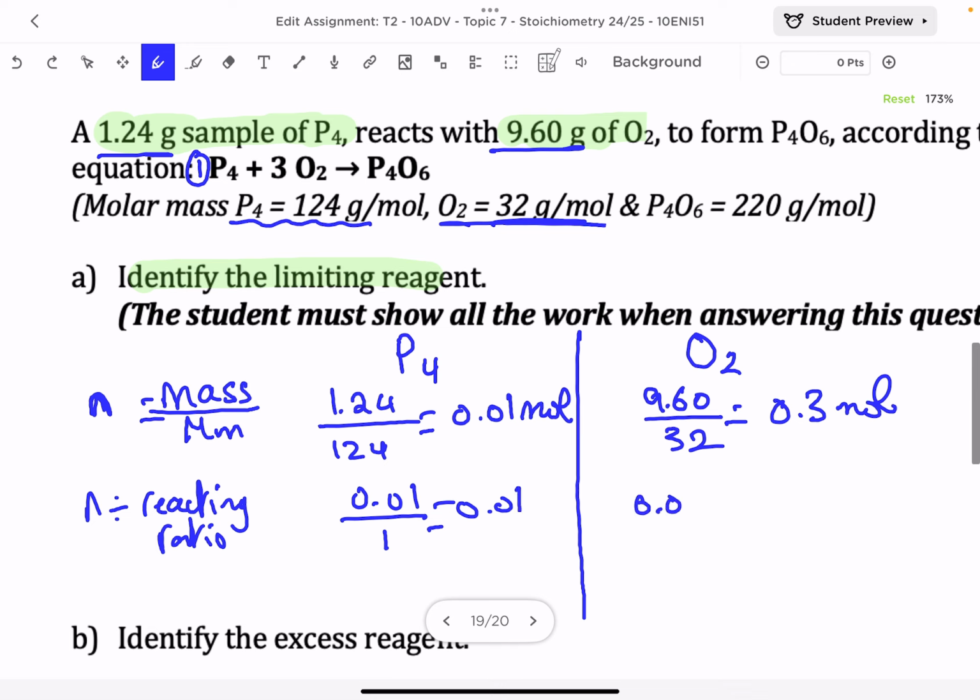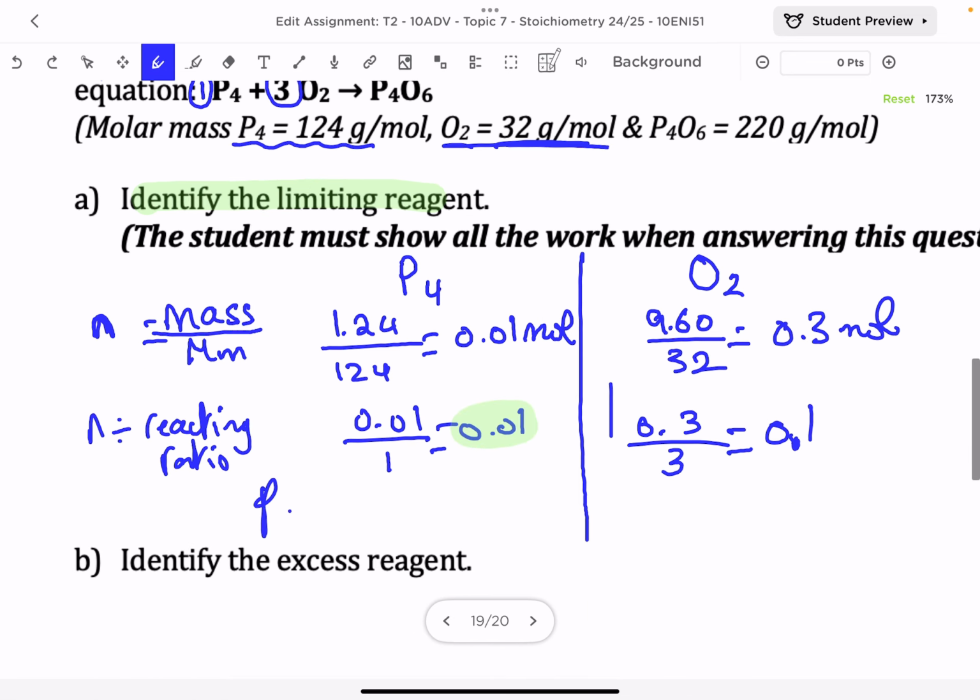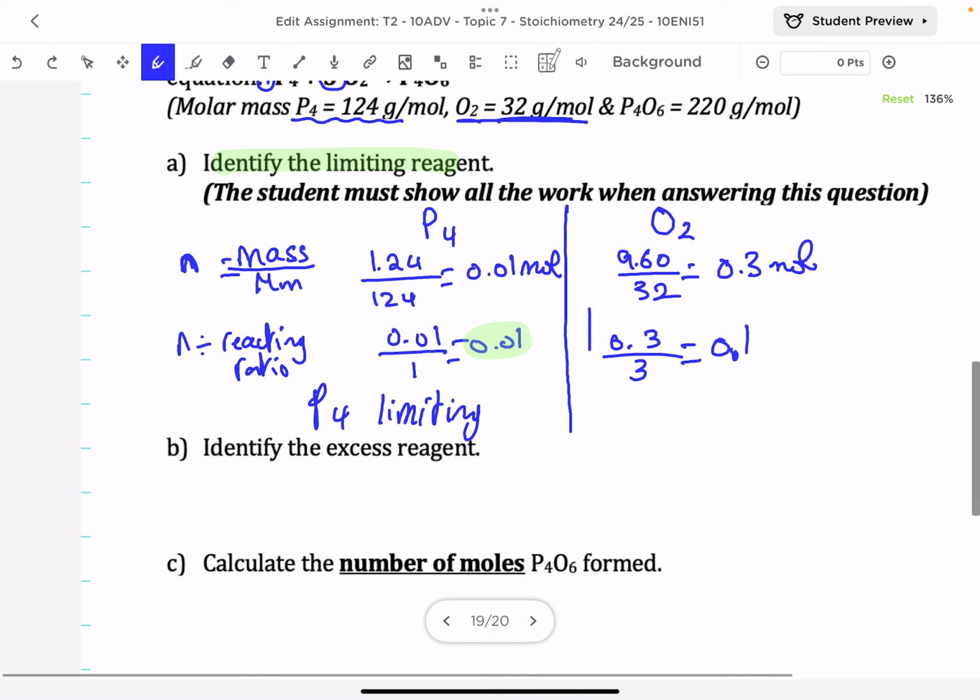And 0.3 divided by the reacting ratio of O2, that's 0.1. Who's the larger value? This is the larger value. Who's the smaller value? This is the one. So P4 is limiting.